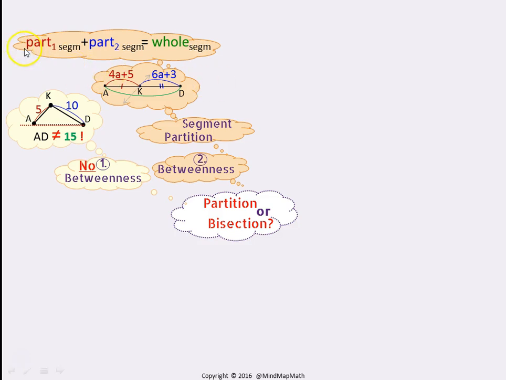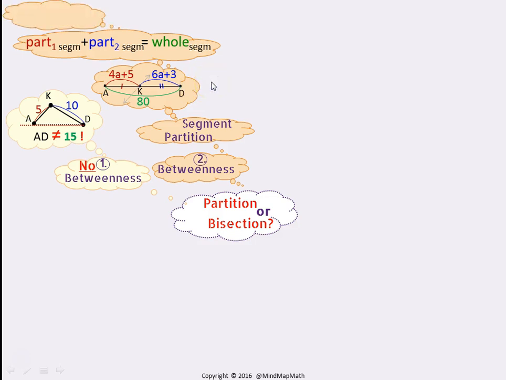If I follow this simple formula that basically shows the common sense behind this diagram, then I will be able to find the value of A, and when I plug it into the expression that represents each of the parts, I will be able to find their lengths. You notice that as I was talking, I also marked the entire whole segment with a given value.